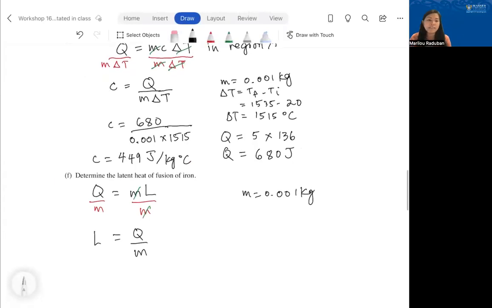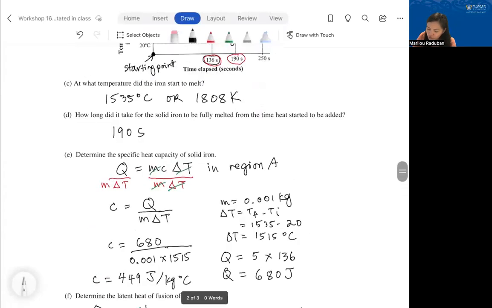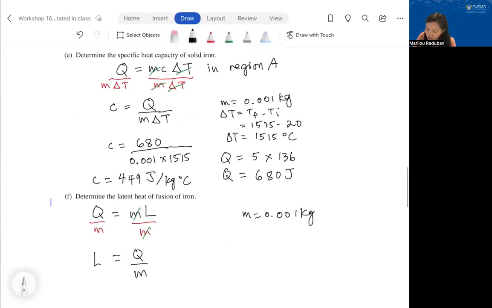So to find the latent heat, you have to figure out how much heat is added during the phase change. Just like we did before, Q is equal to 5 joules every second.